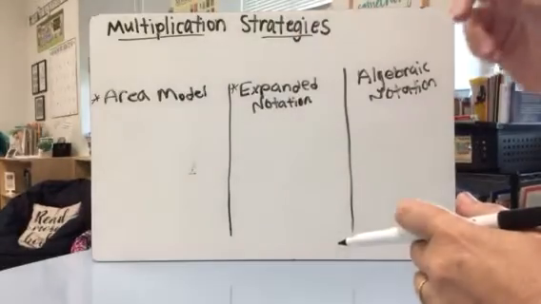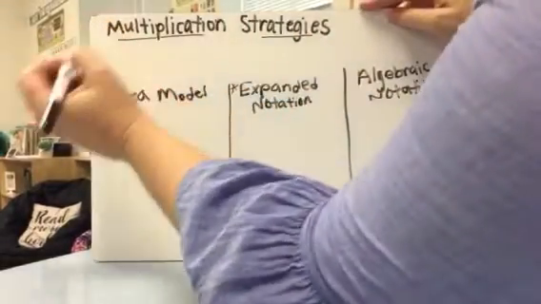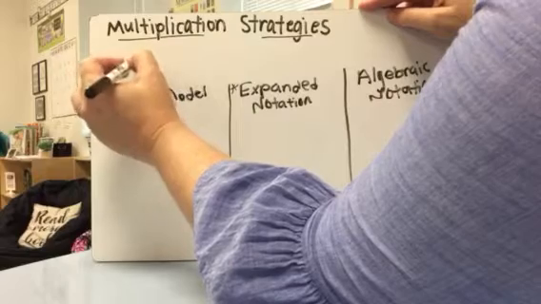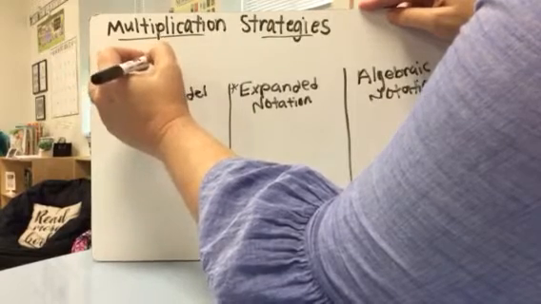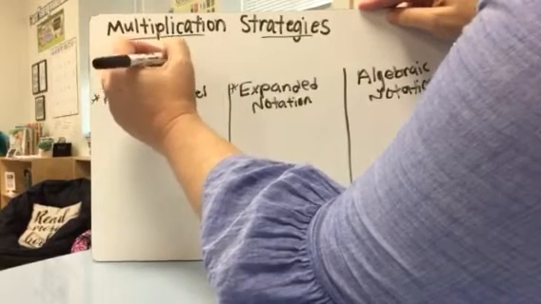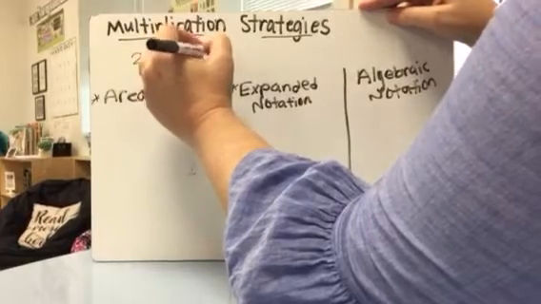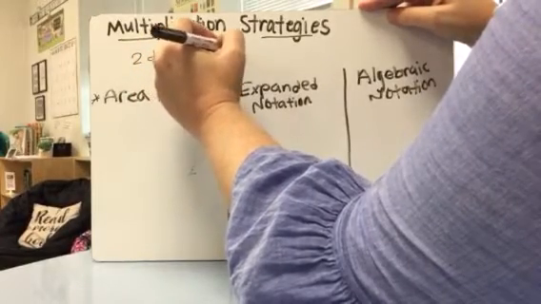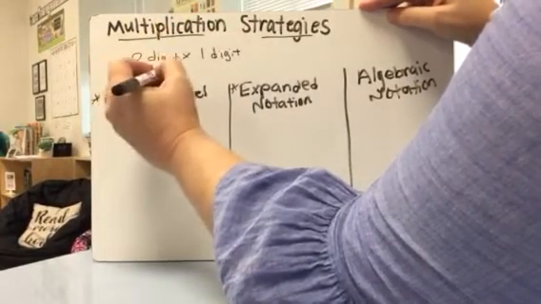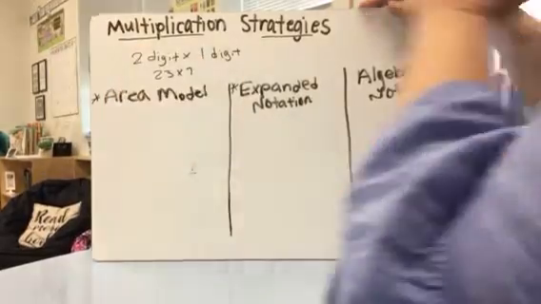In 4th grade, we will be learning to do 2-digit by 1-digit multiplication. So that would be a problem that would be 23 times 7.